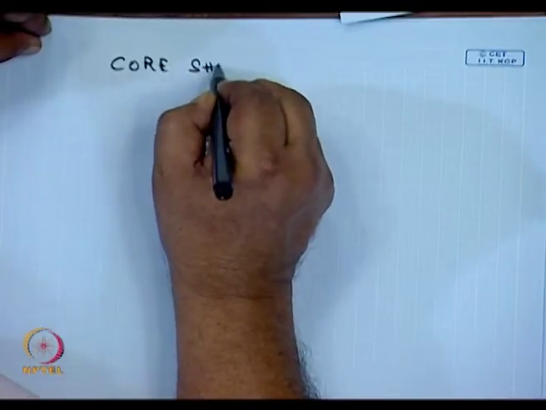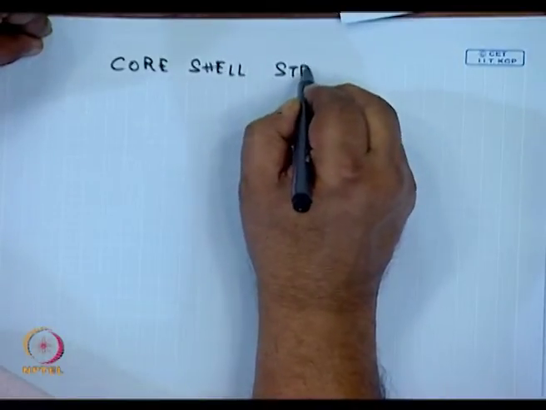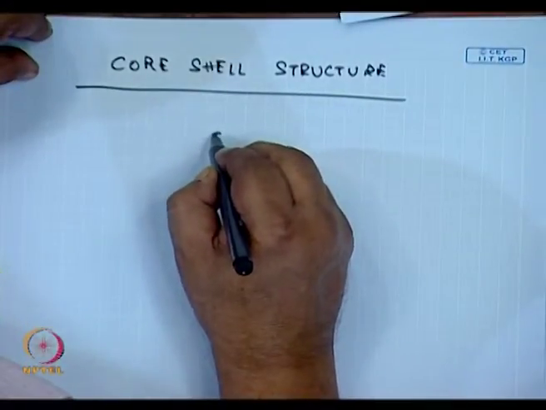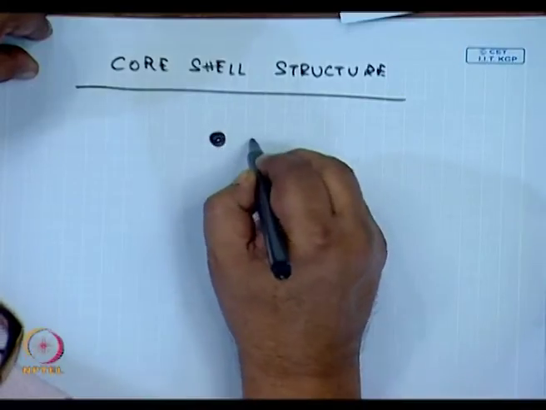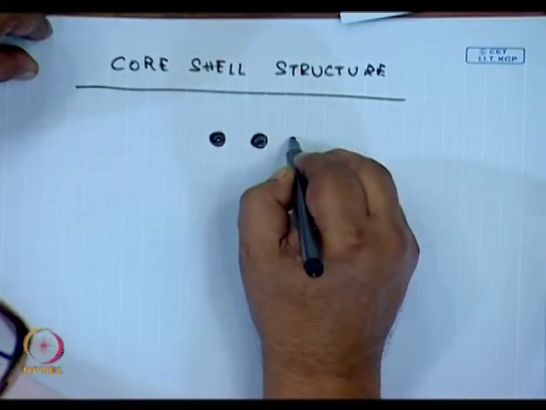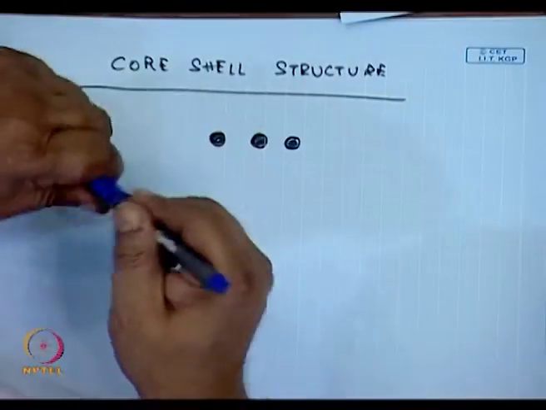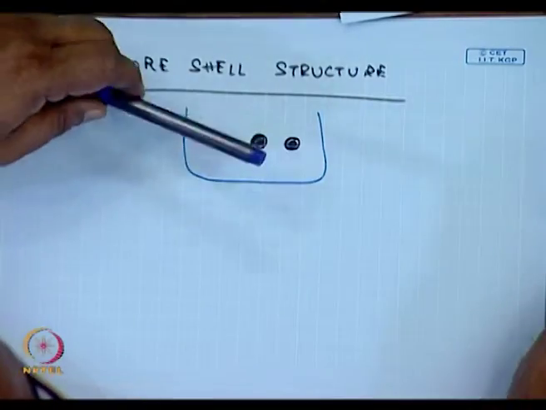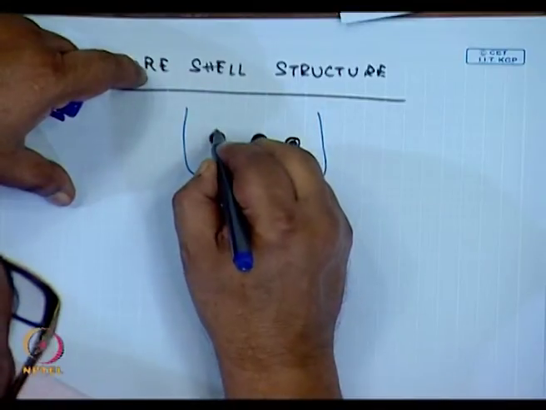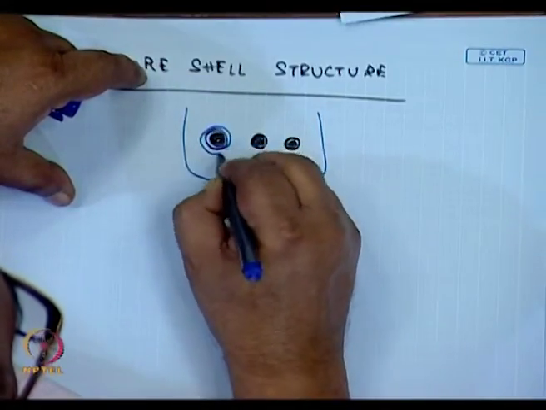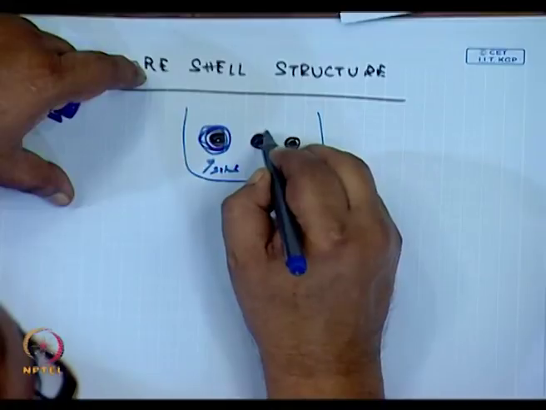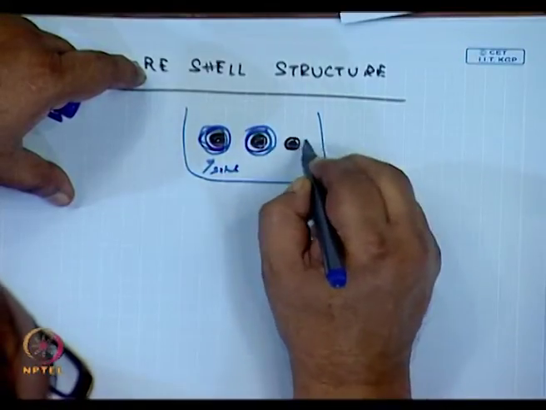we want to have core shell structure. Means we have certain fine powders dispersed in a solution, and over here what we wish to generate is a layer of the material from this solution over here.